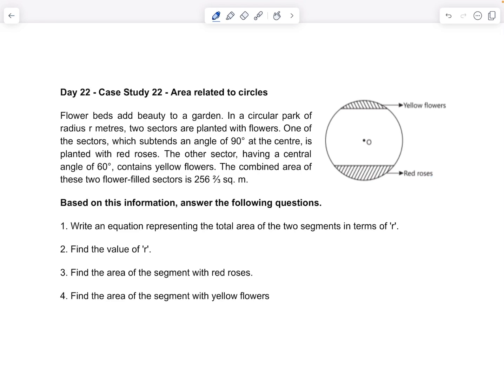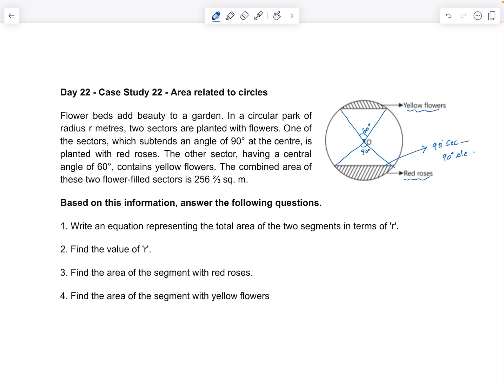There are two shaded regions. The yellow flower segment subtends an angle of 60° at the center. The red roses segment subtends an angle of 90° at the center. To get the area of the red roses segment, we have to consider this 90° sector, from which we have to subtract the area of that triangle.